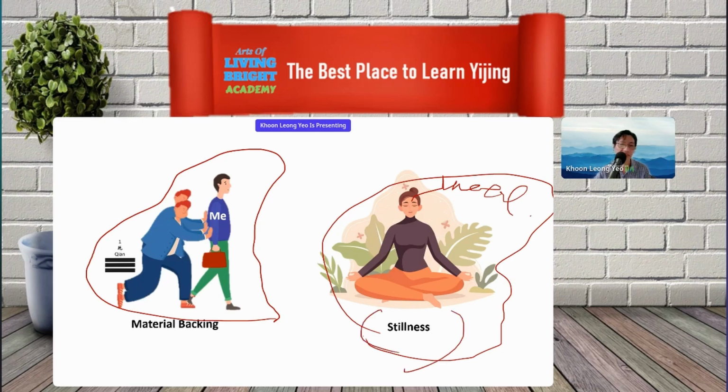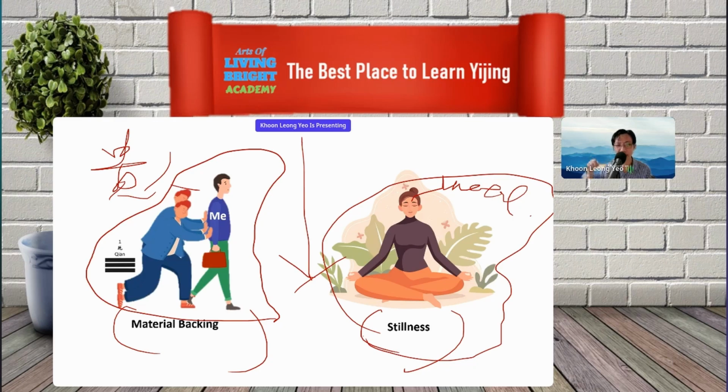But if you have stillness behind, and material backing behind, 天塌下来 you also act like nothing, because you are very calm, very composed, very collected, and you know you have 贵人. And sometimes you don't even know who the 贵人 is. They just show up when you need them. That's the beauty of having a very solid back support.